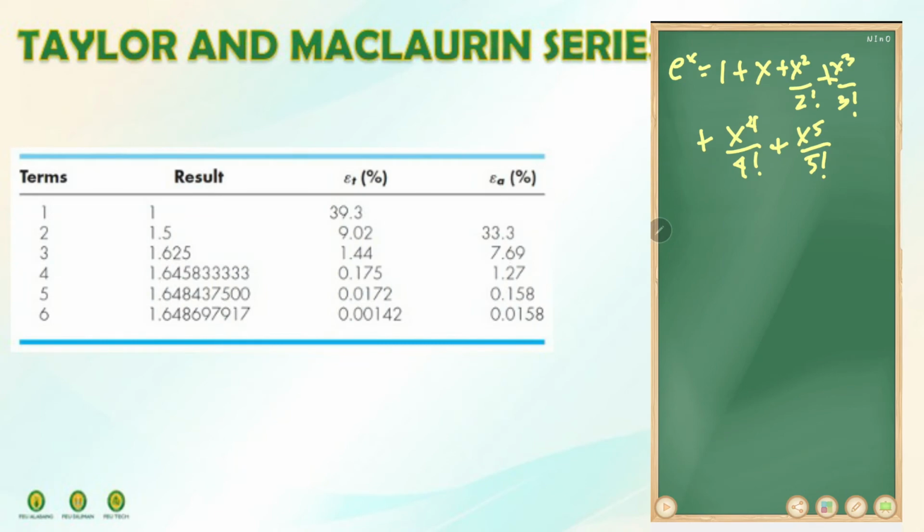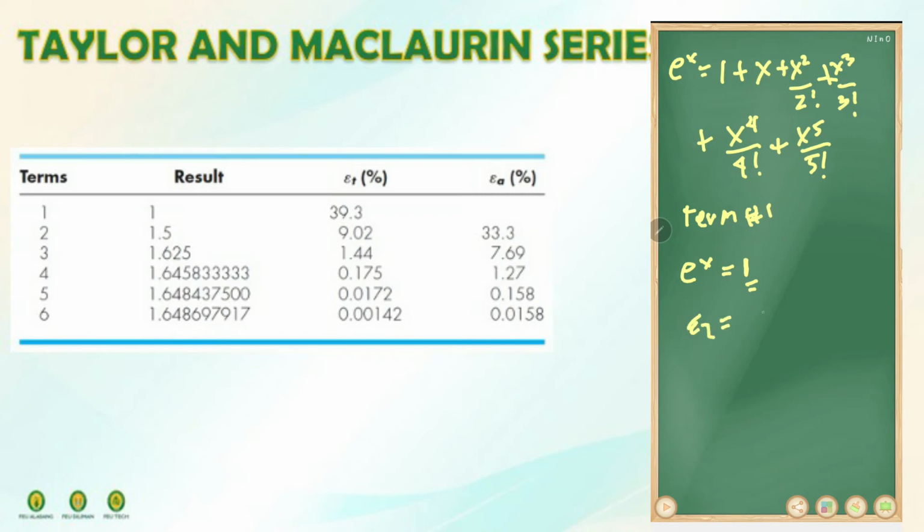Okay, so let's complete the table. So for term number 1, basically, we have e raised to the x power is equal to 1. So this is, of course, the first term. So basically, the result is equal to 1. How to get the epsilon of t?